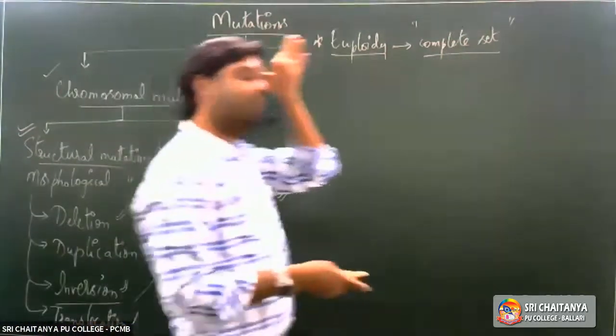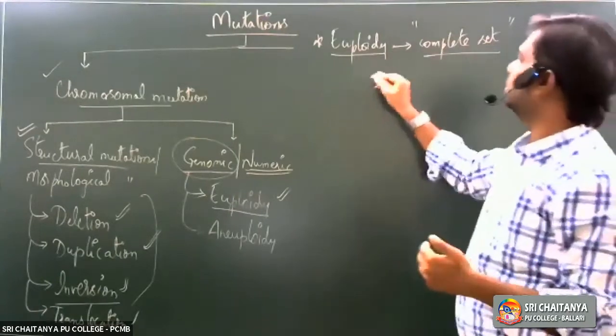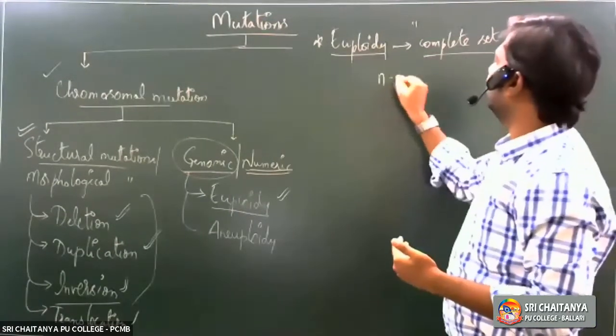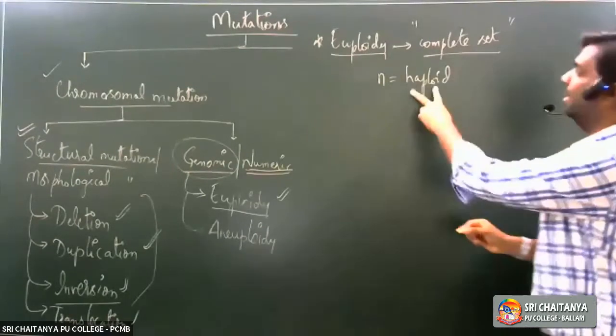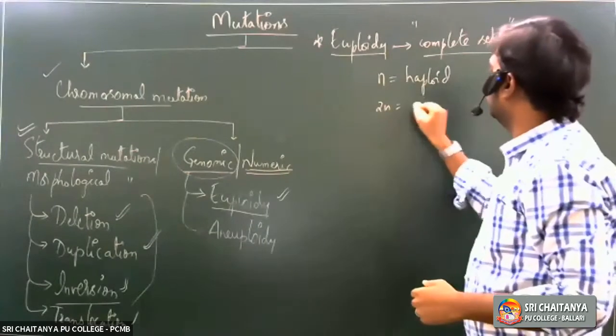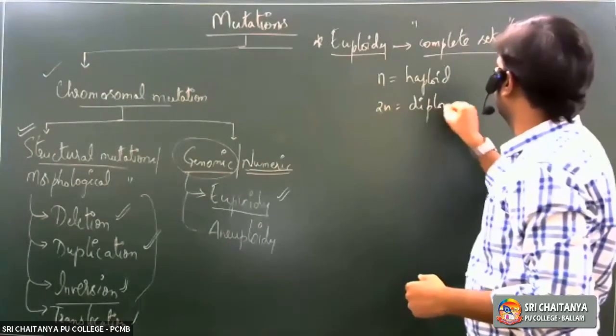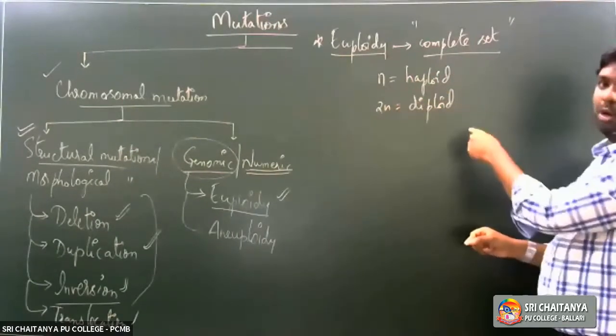When we say one complete set, what does that mean? If you remember, we have different sets of chromosomes. N we usually call haploid, so this is one complete set of chromosomes. Then 2N we call diploid, which is two sets of chromosomes.